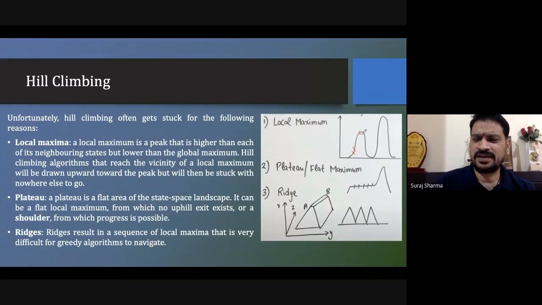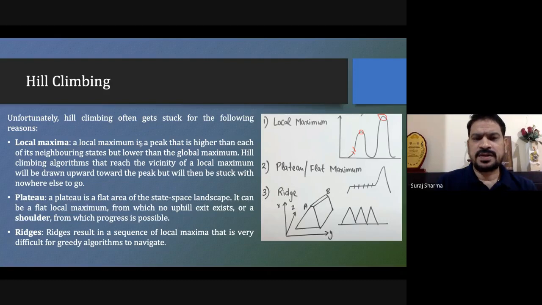After that, whatever the value is, it is less than that, so we are not going to change my current value. And this value I am taking as my solution for the problem in the hill climbing algorithm. This particular one is local maxima, and this particular one is global maxima. The actual value is global maxima, but what I find is local maxima. That's why it is a problem.